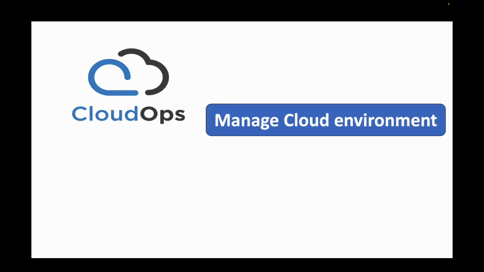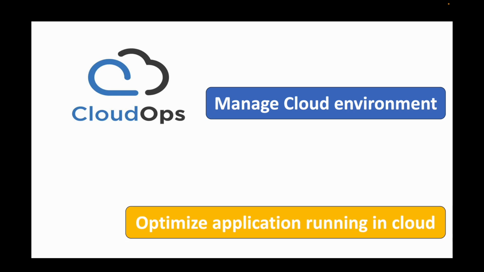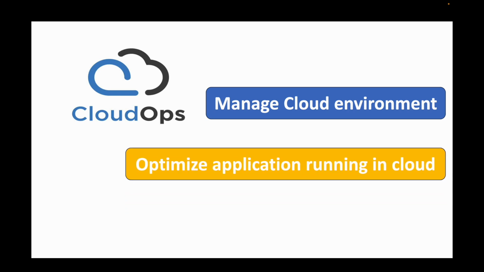Now, CloudOps is another role, which is quite famous. And under this, as a CloudOps engineer, your main focus would be to manage your cloud infrastructure and then optimize the applications running in the cloud environment. So you will be responsible for managing all of your cloud environment.